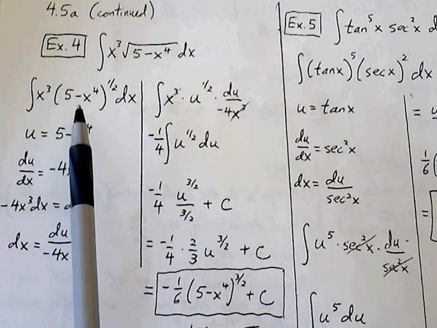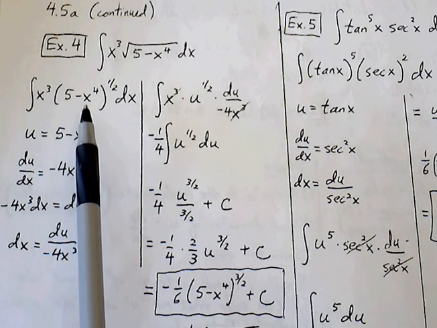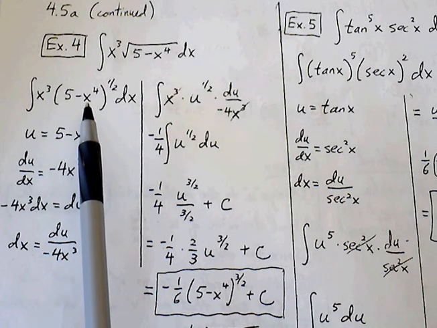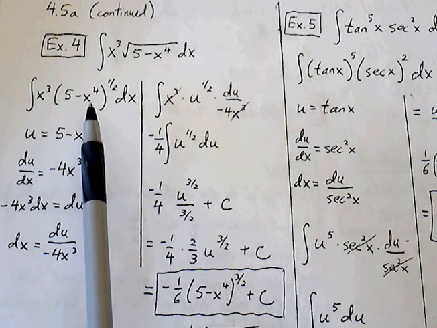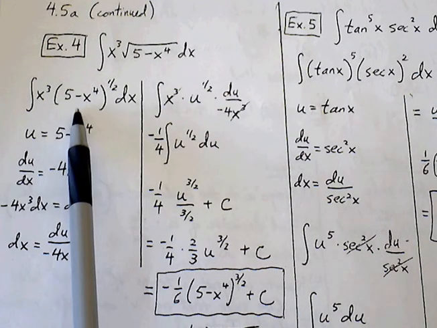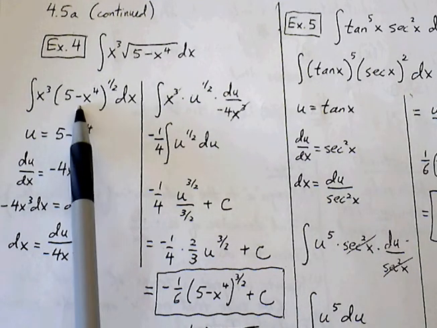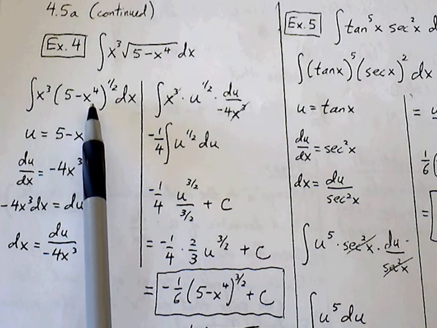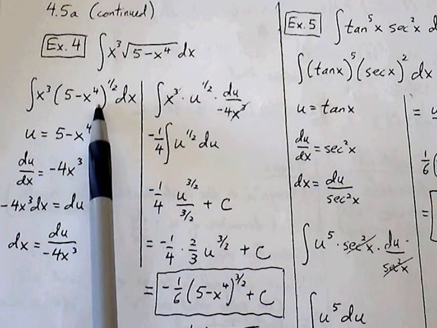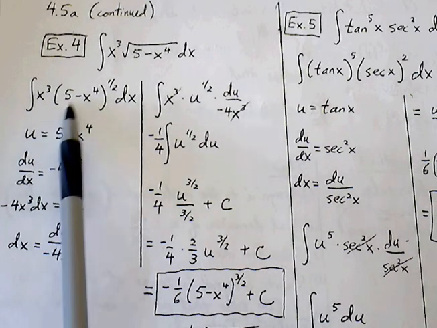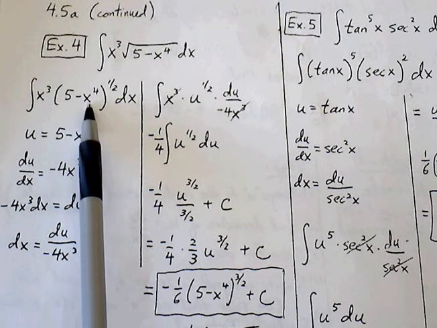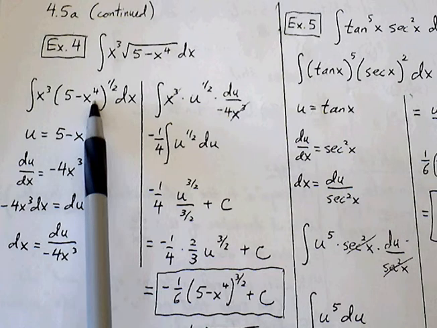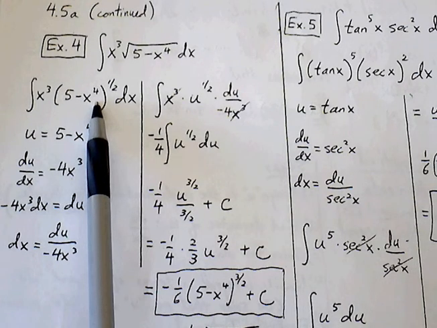Now, this is where we want to begin to look ahead into the problem and see what is necessary in terms of what needs to cancel out. So once you identify your u value, you want to see if you can also identify the appropriate derivative for that u value in the function somewhere. If you think about power rule, you know that the derivative for x to the fourth will produce some sort of x cubed.